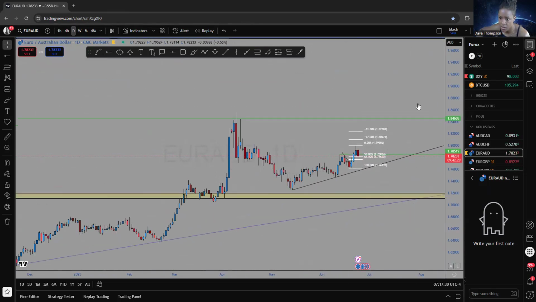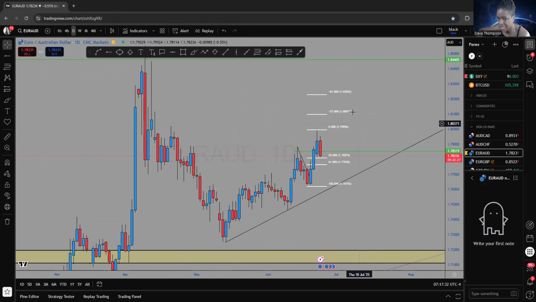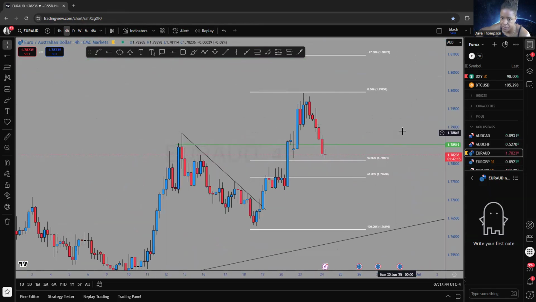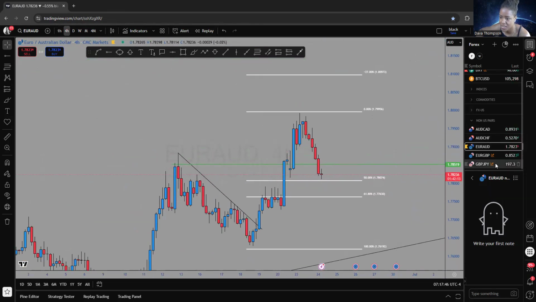Higher highs and higher lows. It's behaving nice. It's easy to see. Monthly and weekly are both not only structurally bullish, but in flow, they're bullish. So this is probably the easiest pair to trade at the moment for me.